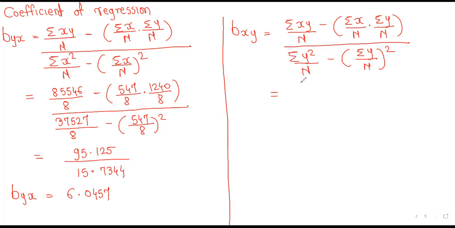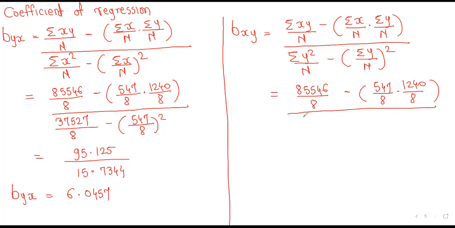So 85546 divided by 8 minus 547 divided by 8 into 1240 divided by 8, divided by 197840 divided by 8 minus 1240 divided by 8 bracket square.